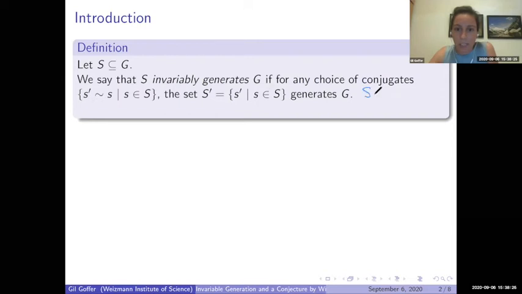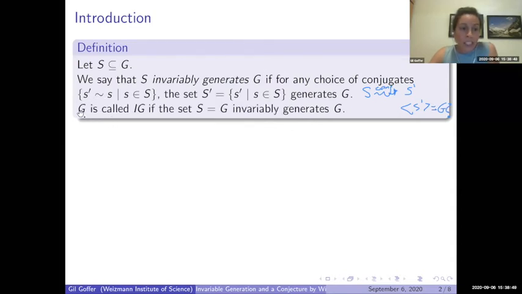So I take a set S, I conjugate each one of the elements, I get a new set, called S prime. And then the question I'm asking is whether this S prime is generating or not the entire group. If for any choice of conjugates it is generating, then I would say it invariably generates G.